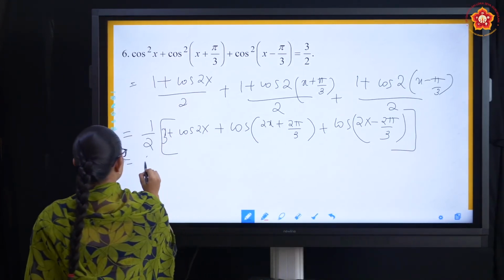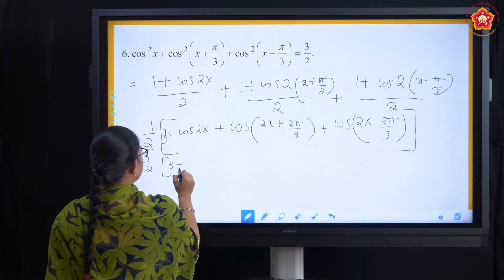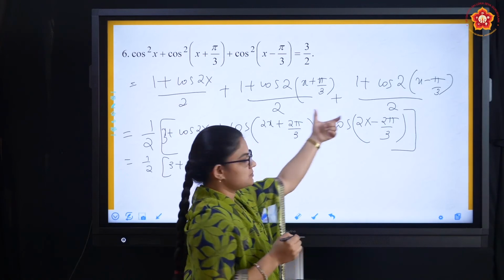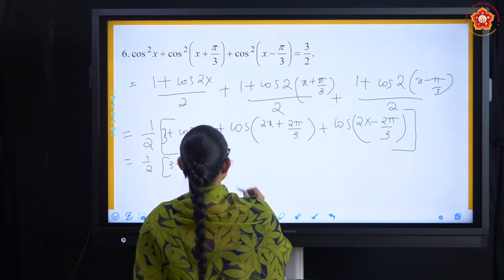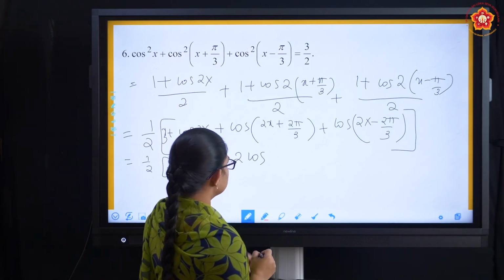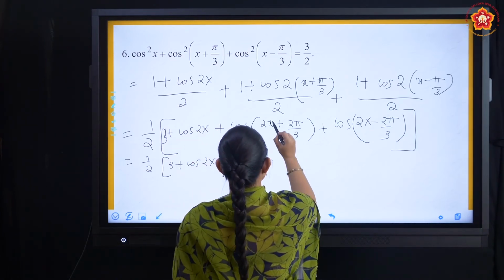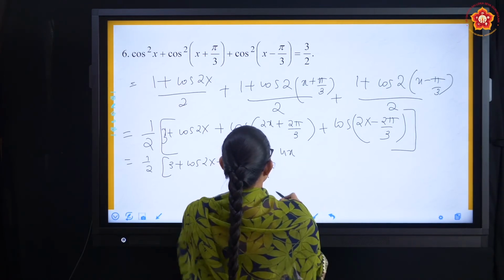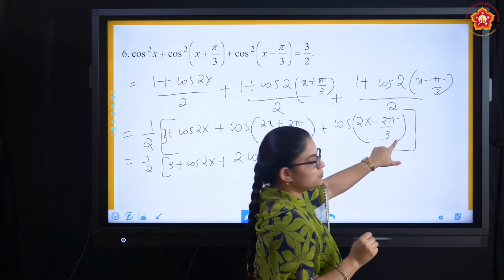Now this is nothing but half into 3 plus cos 2x plus. Now cos x plus cos y formula we can use, that is 2 cos x plus y by 2. So 2 cos x plus y by 2, that is 2x plus 2x 4x, 2 pi by 3 minus 2 pi by 3 0.